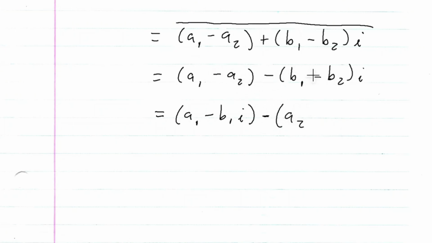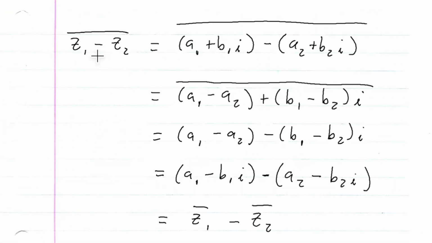And this is negative b2i, right? So we can have a minus b2i here because this would be positive, right? But if we factor out the negative, then we need this times this to be a positive. So this is the same thing as this, right? And then, of course, this is equal to z1 conjugate minus z2 conjugate.